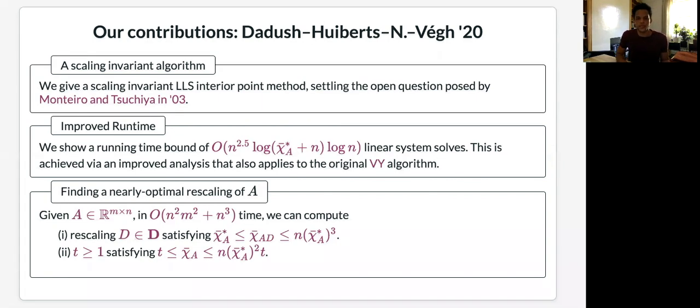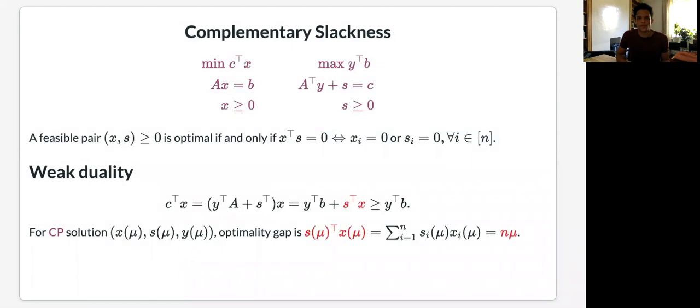Before we give details of our algorithm, first, some basics on primal-dual interior point methods, and we begin with complementary slackness. So given the primal-dual version of the LP, we have that a primal-dual solution is optimal if and only if one of the primal and the dual variables is 0.